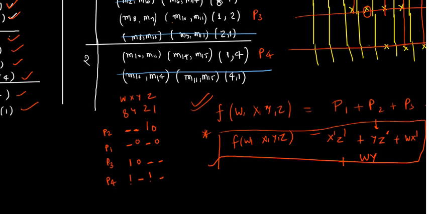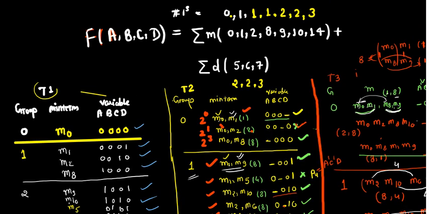So how would you do the same question which we did in the last class? With don't care, without looking at this, do it. Write 0, 1, 2, 8, 9, 10, 14.